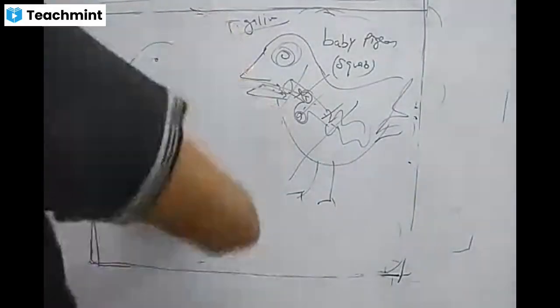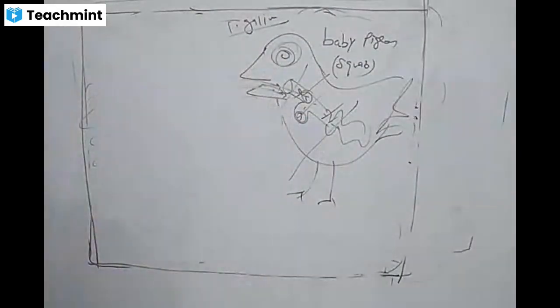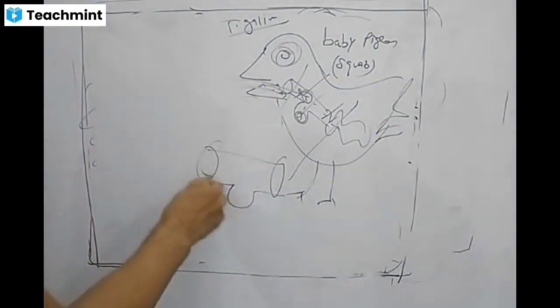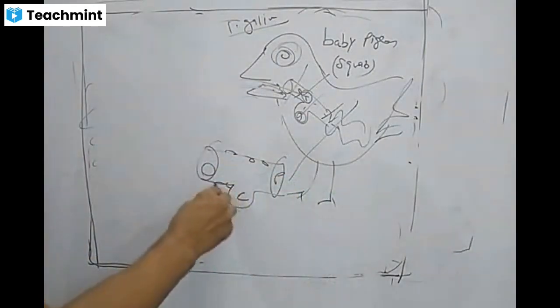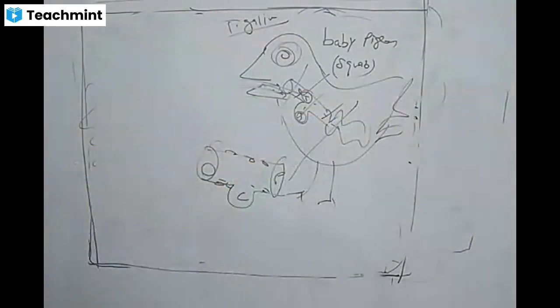So after the protozoa enters the body of this squab, it will affect these structures, esophagus, throat, and others. This will damage the mucosa and cause some inflammation.